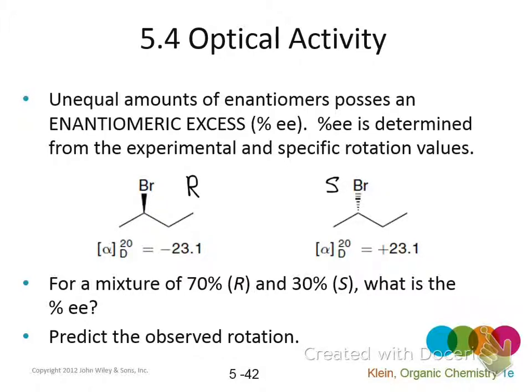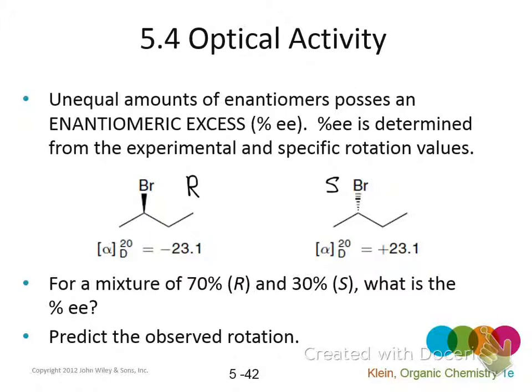Now, let's say you have a mixture that's 70% R and 30% S, and we want to calculate what the rotation of the mixture is going to be. Well, 70% of it makes it go in the left-hand, counterclockwise direction, minus 23.1 degrees, and 30% of it, the S, makes it go to the right.